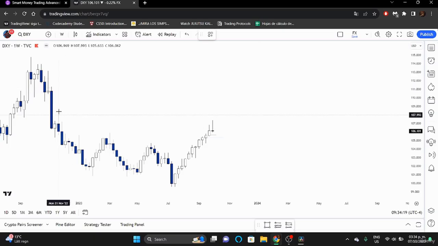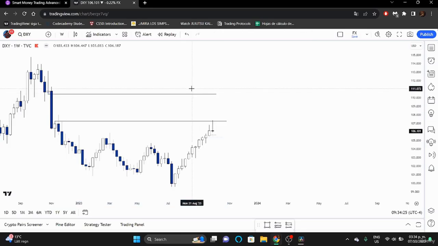Okay. But let's take into annotation that we tapped into a weekly fair value gap. This is a weekly fair value gap, and to be more exact, it's a weekly CB. The same thing that we're looking at right now. CB is for sells, sell side imbalance, buy side inefficiency, and BC is buy side imbalance, sell side inefficiency.